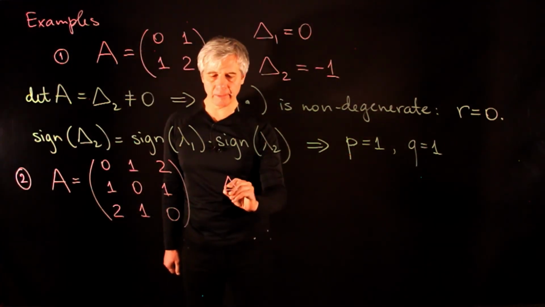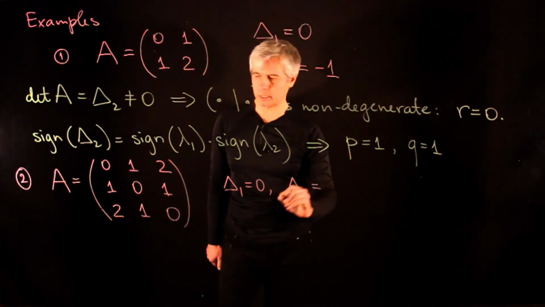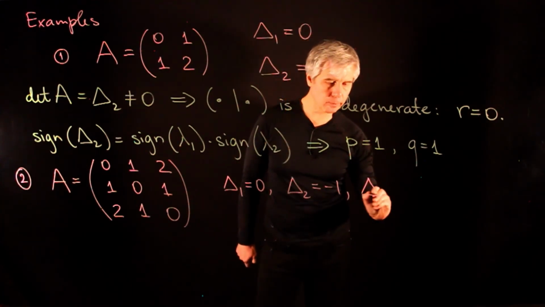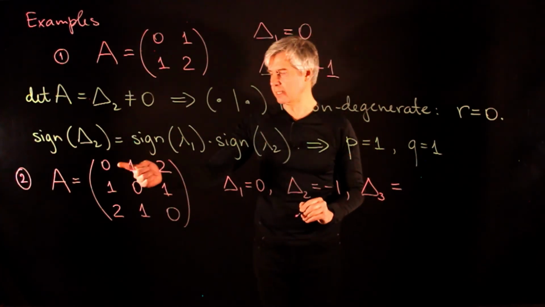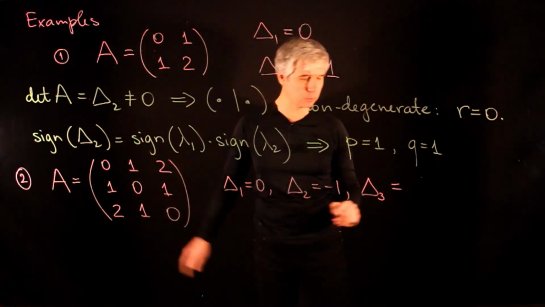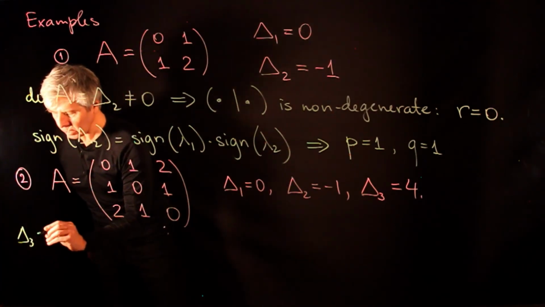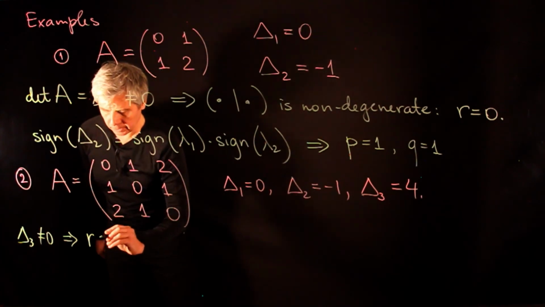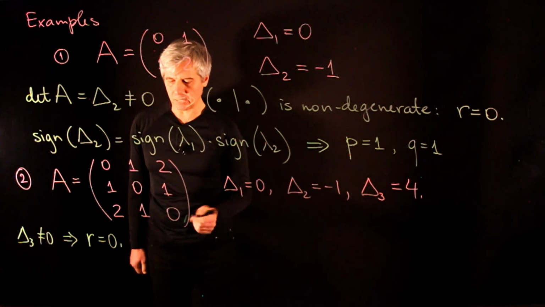Here we have that delta 1 is equal to 0, delta 2 is equal to -1, and if we calculate the determinant of the 3 by 3 matrix, delta 3, then we can easily see that this is equal to 4. Since, again, delta 3 is non-zero, this implies that the form is non-degenerate. So all eigenvalues are non-zero.